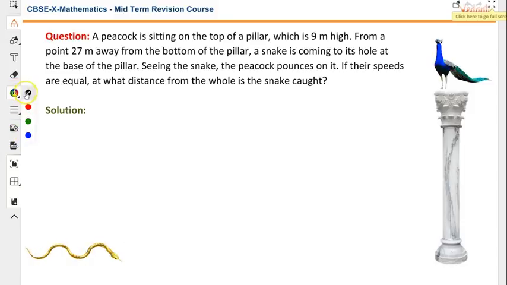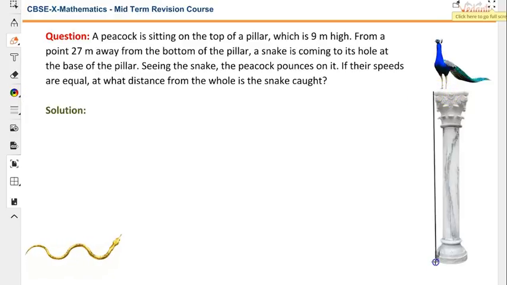First thing, I have this height at which the peacock is sitting, which is 9 meters. Suppose there is a hole at this base.